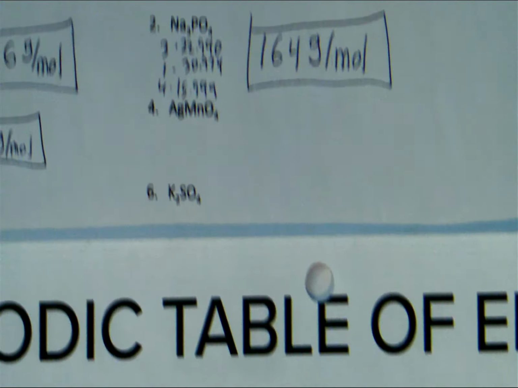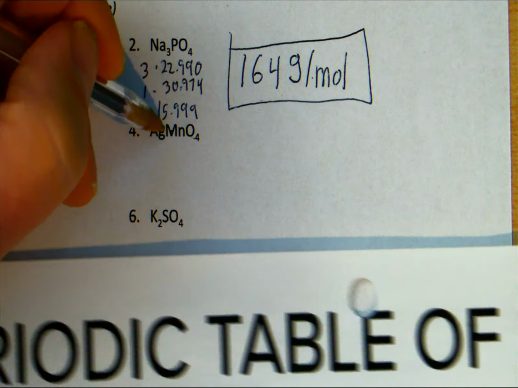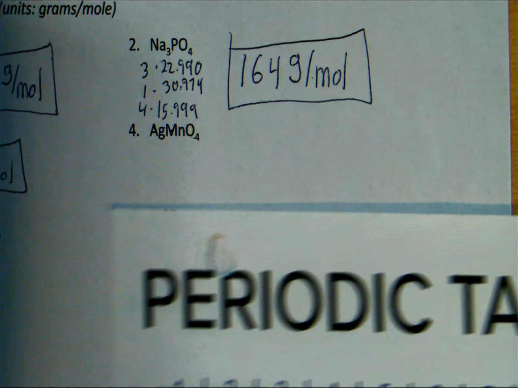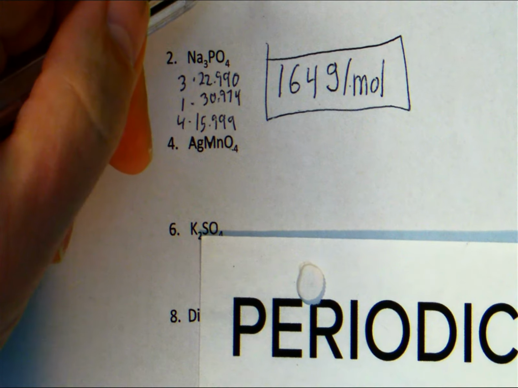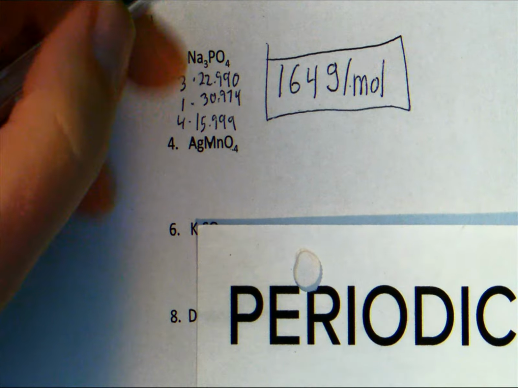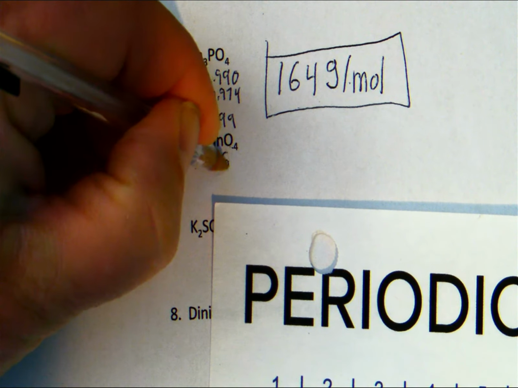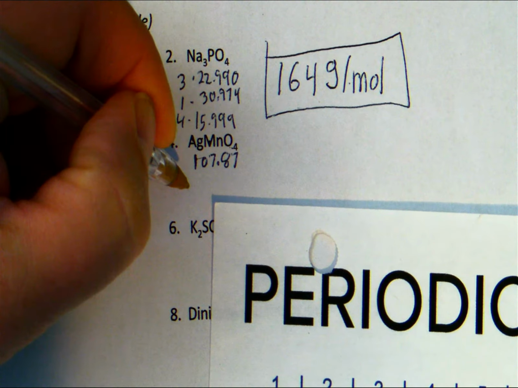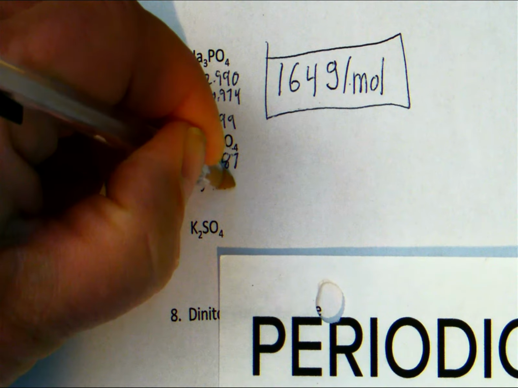Number 4, I have 1 silver, 1 manganese, and 4 oxygens. So into my calculator, yeah, sure. I guess I'll write them out. So for the silver, I have 107.87. For the manganese, I have 54.938.